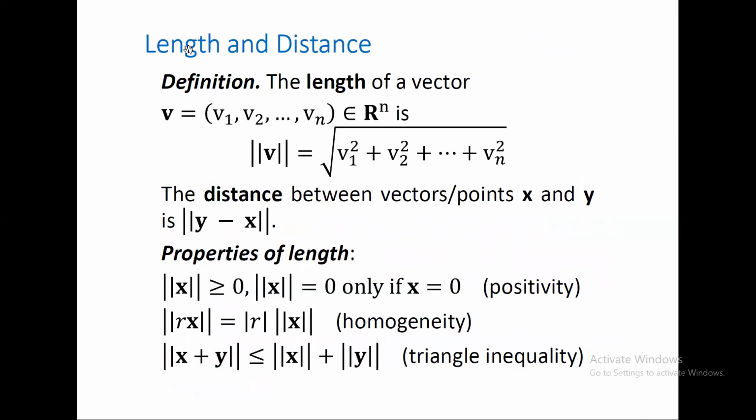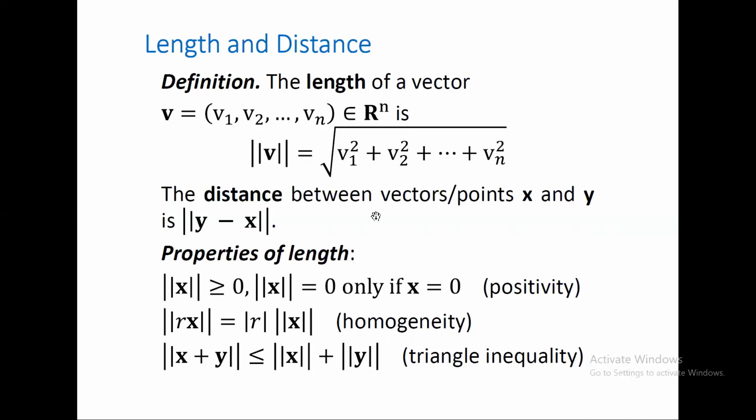Then we come to the length and the distance. By definition, the length of the vector v, which is v1, v2, ..., vn, belonging to Rn, the n-dimensional space, is written as the double mod of v equal to the root of v1 square plus v2 square plus ... vn square.